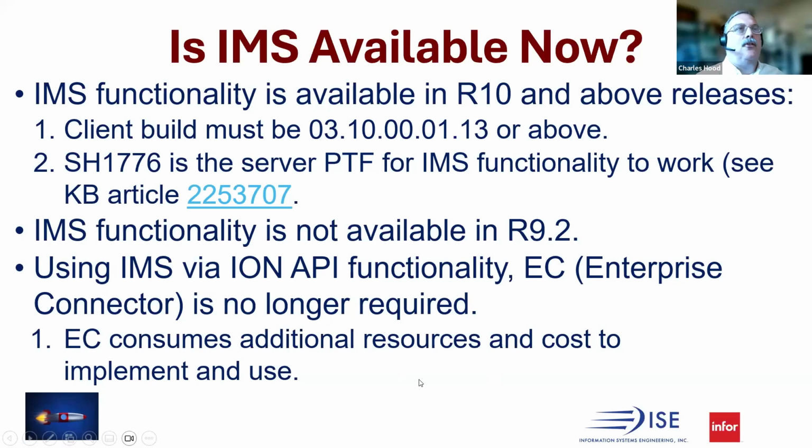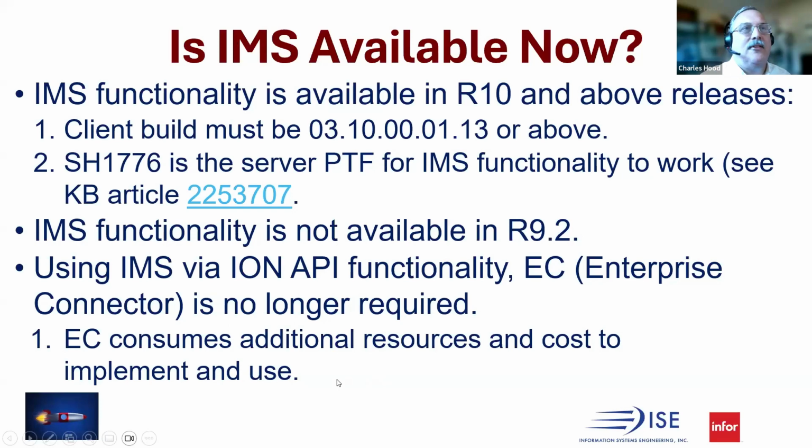Now here's the good news. Using the IMS connector via the ION API functionality, the enterprise connector is no longer required, which is great. If you're trying to build your own custom integration to IQM, say on your own virtual machine, doing the EC installation, you still need the enterprise connector to talk to IQM at the present time, but there are situations where IMS is used instead.